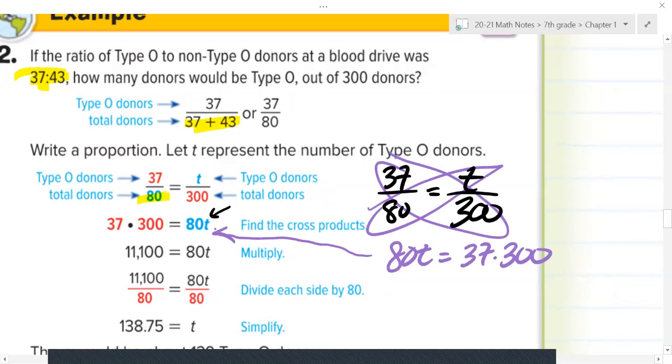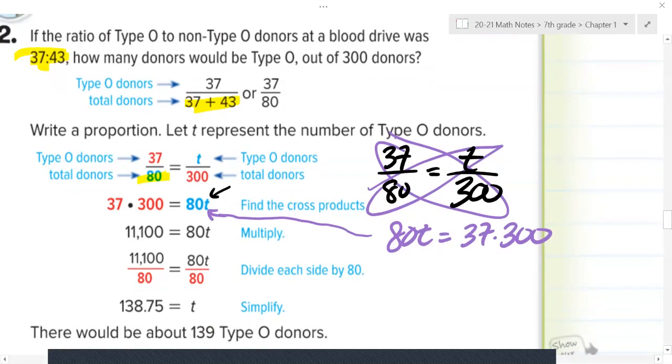So there's a perfect example of it doesn't matter what side you put it on, because they have 37 times 300 equals 80T, and I have 80T equals 37 times 300. So they multiply those together and they get 11,100 is equal to 80T.